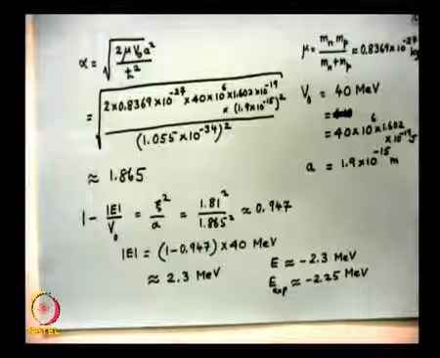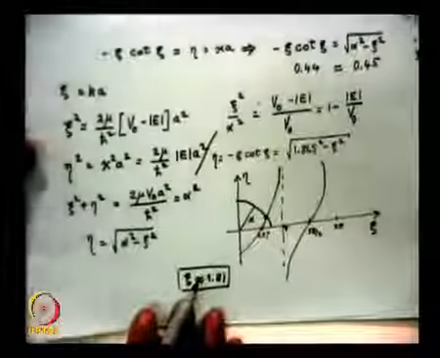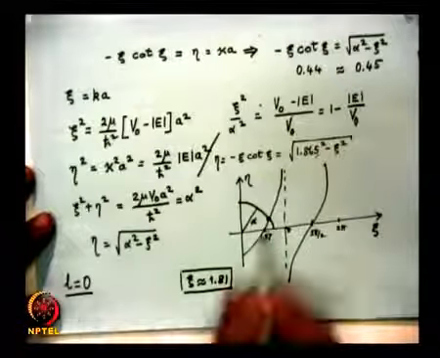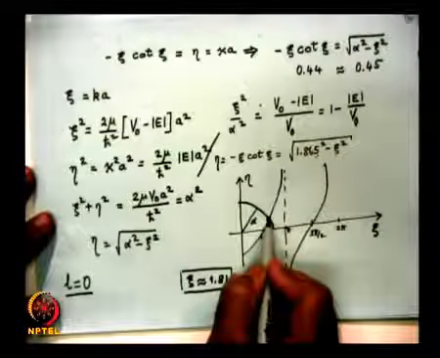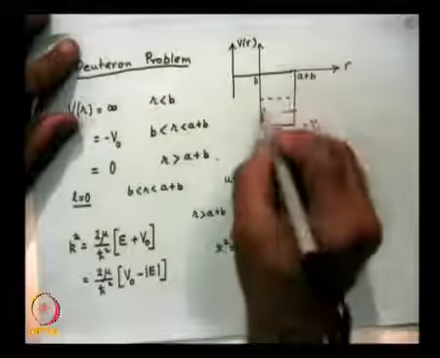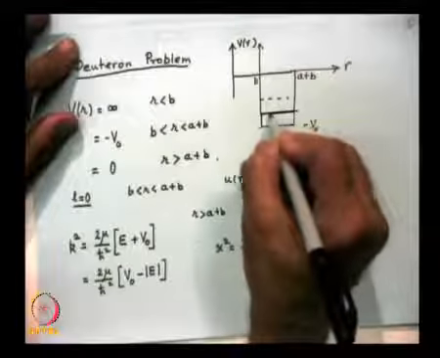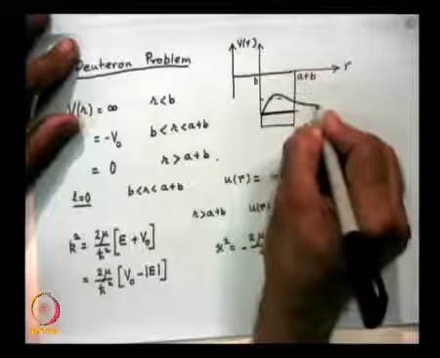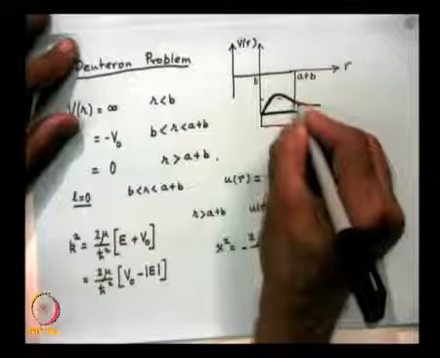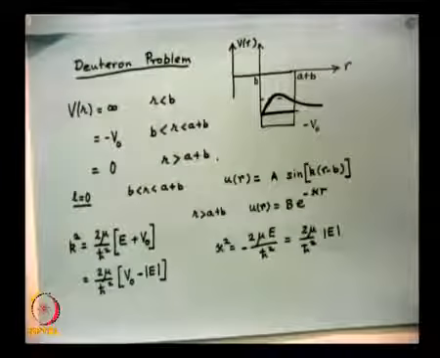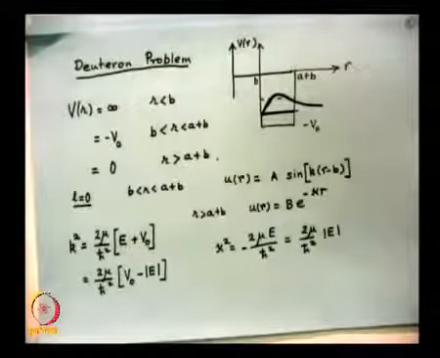There is one thing that I would like you to understand, at least for the L equal to 0 case, which we have been considering: there is only one bound state, which is deep inside it. The wave function goes to 0 here, and it is exponentially decaying here. So, this is the ground state wave function corresponding to the deuteron problem.